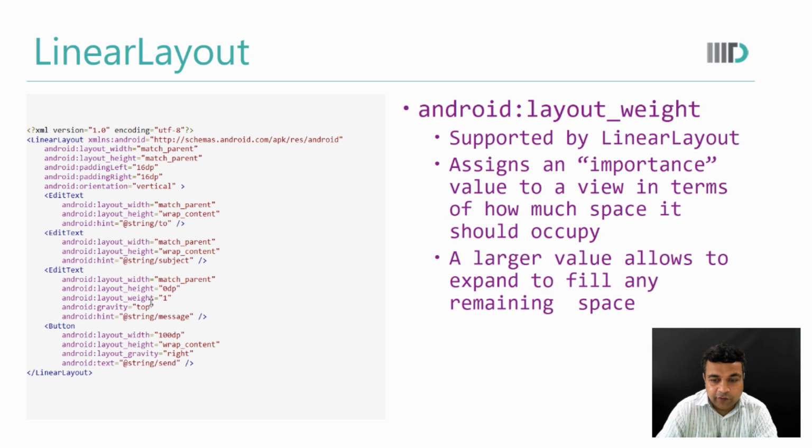So a larger value for weight will allow the particular view object to expand to fill any remaining space. If I am giving a higher weight to one of the view objects compared to other view objects, then that particular view object will expand to occupy more space.